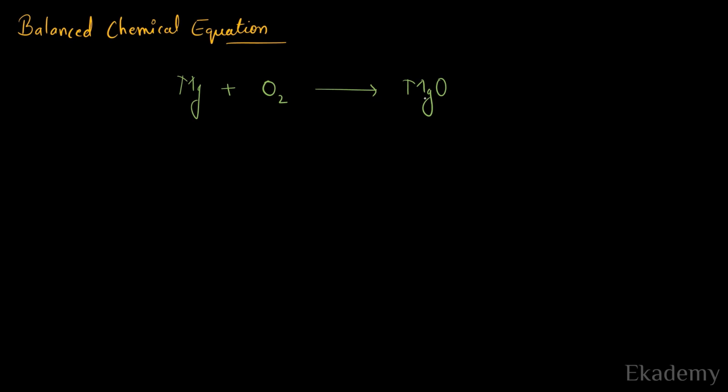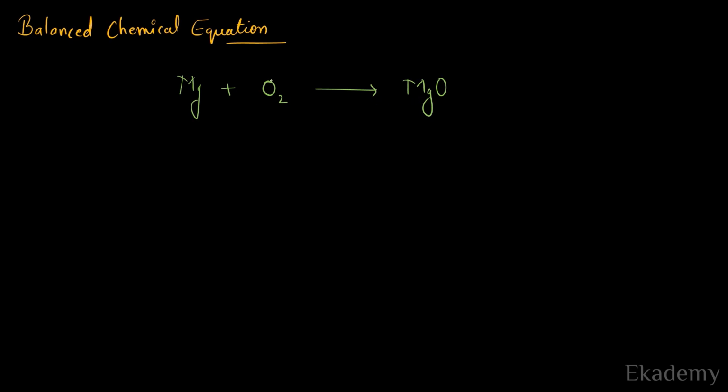So let us try to balance this equation first. We see that in the product we have one magnesium atom, and in the reactant also we have one magnesium atom. So the number of magnesium atoms is balanced so far.